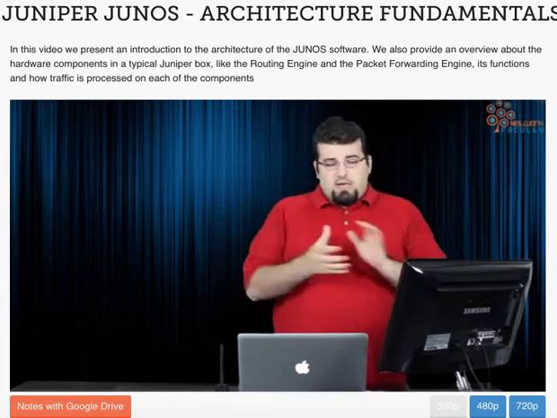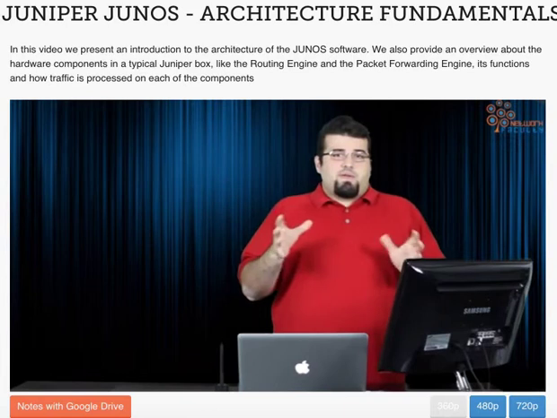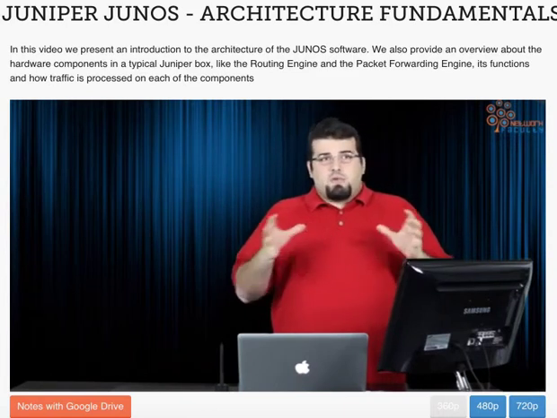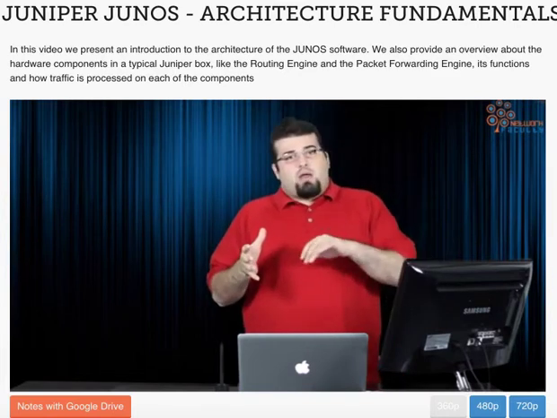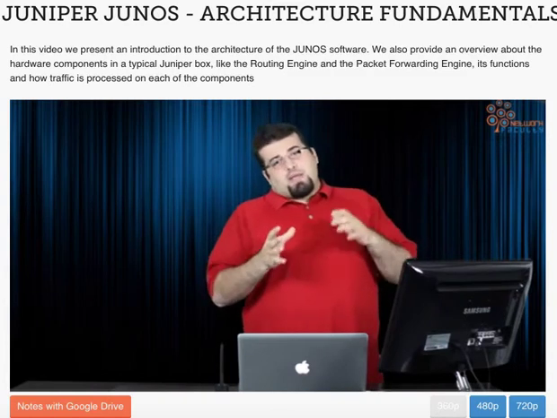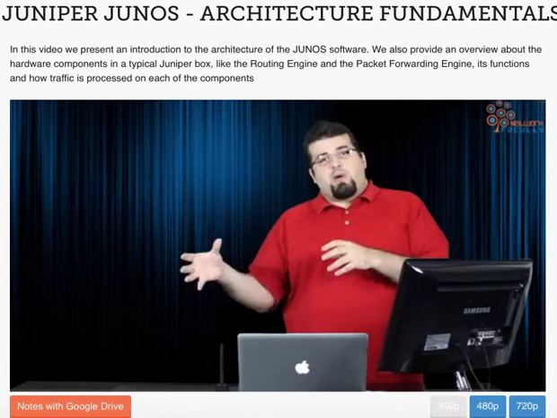So that's the software. Let's talk a little bit about hardware. In Juniper routers, there are typically two components that are very fundamental to understand. Those are the RE and the PFE. The RE stands for routing engine, and if you come from a Cisco world, it's the equivalent of a supervisor card.